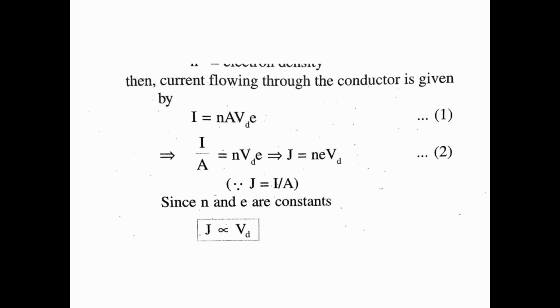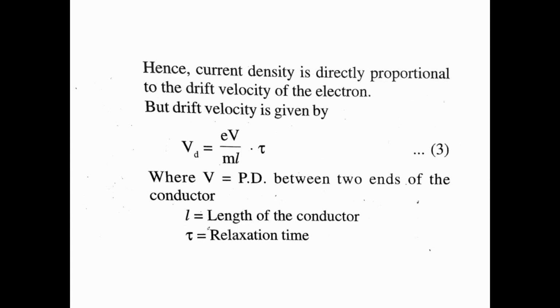Current density is equal to neVd. Since n and e are constants, J is directly proportional to Vd. Hence current density is directly proportional to the drift velocity of the electron.